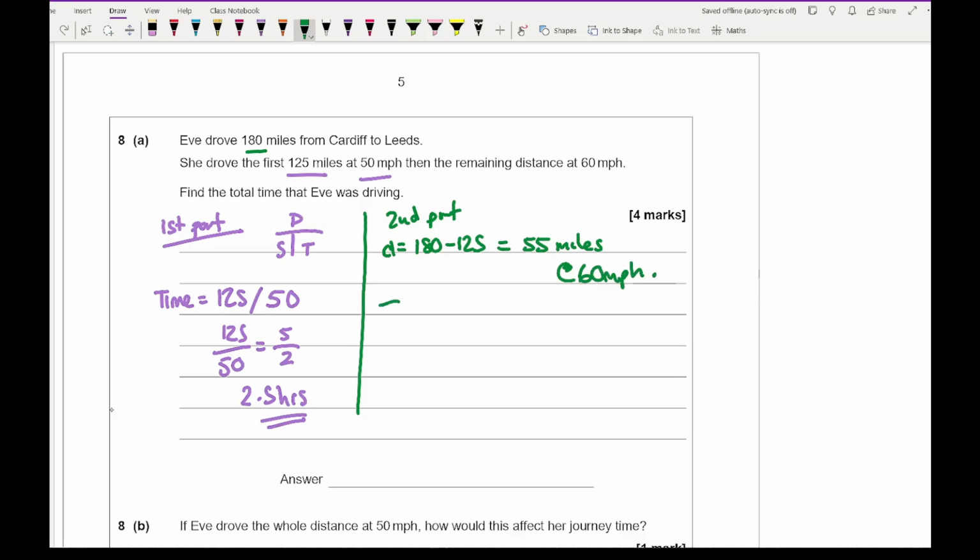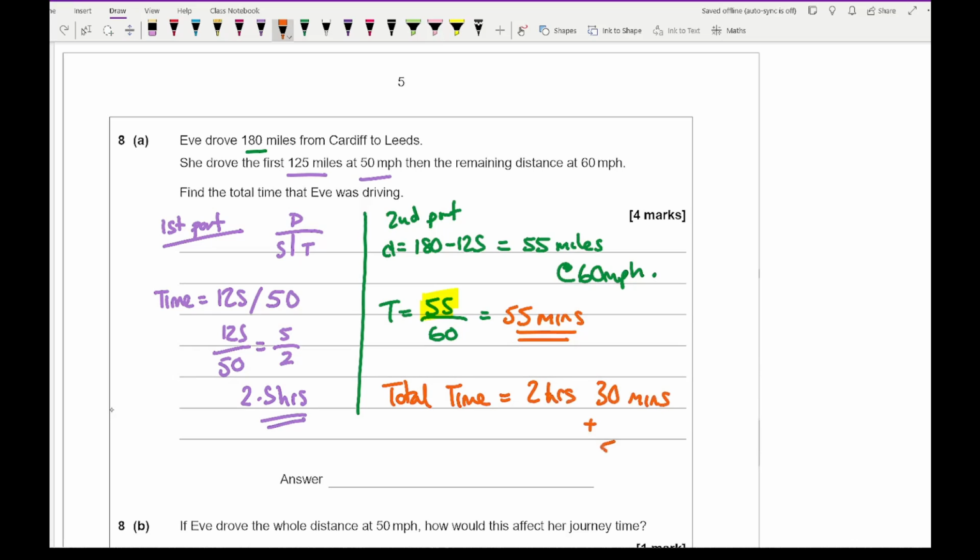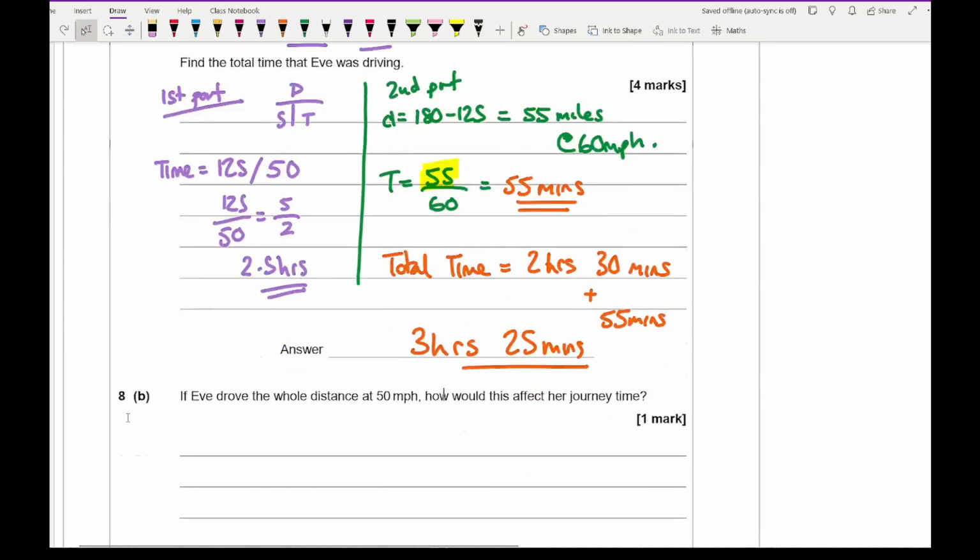So then to work out time, that's going to be the distance, which is 55, divided by 60, which is 55 minutes. So then the total time is going to be 2 hours and 30 minutes plus 55 minutes, which gives me a total time of 3 hours and 25 minutes.